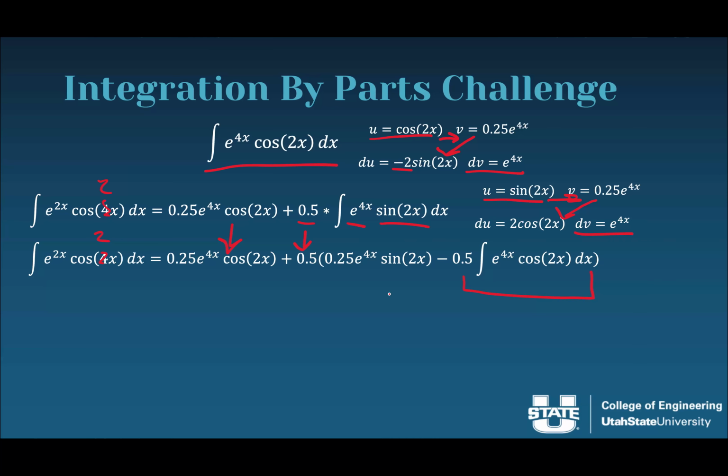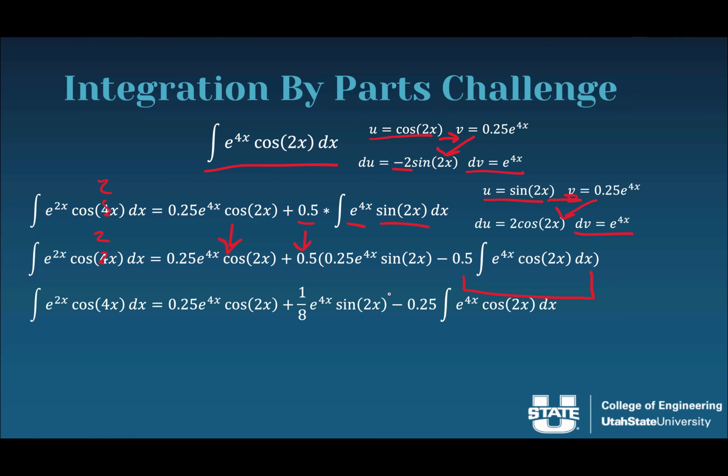This 0.5 cosine of 2x is the same. And we have set this whole integral up over here. And this equation works the same way as any algebraic expression, where we can add things over and subtract and divide just the same way, right?